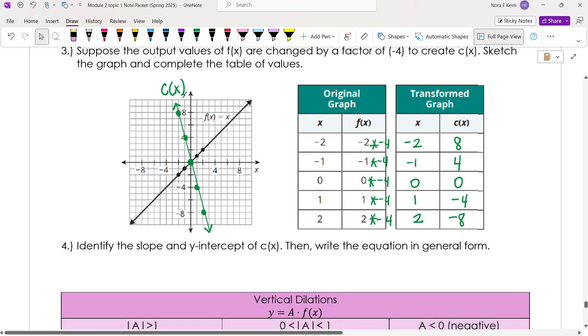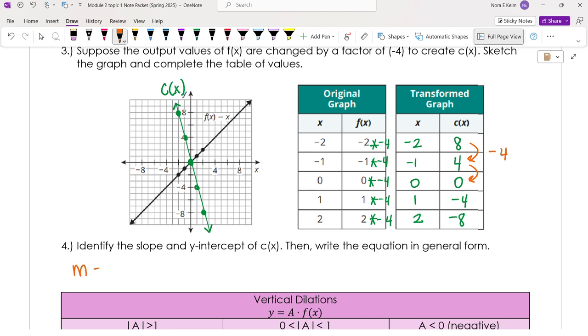So let's find our slope and y-intercept. Change in y would be subtracting 4 over my change in x, which is still adding 1. So my slope is negative 4.